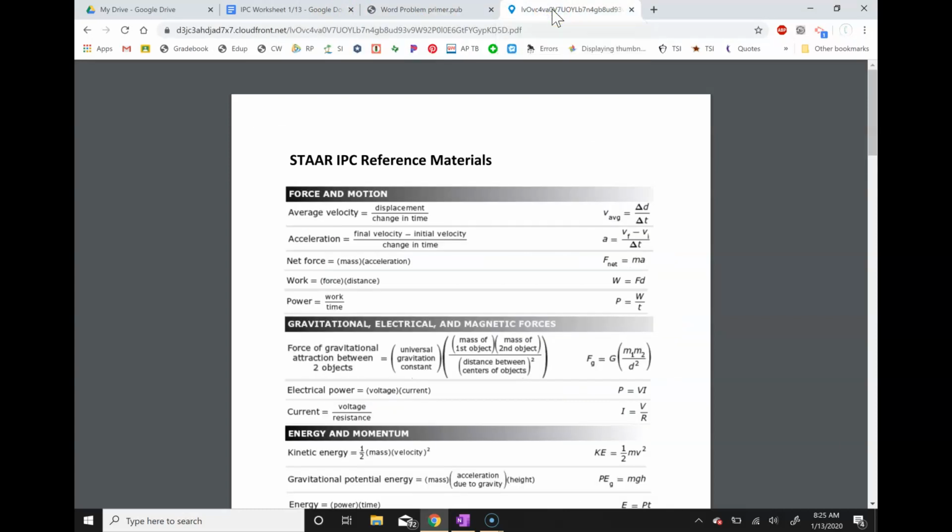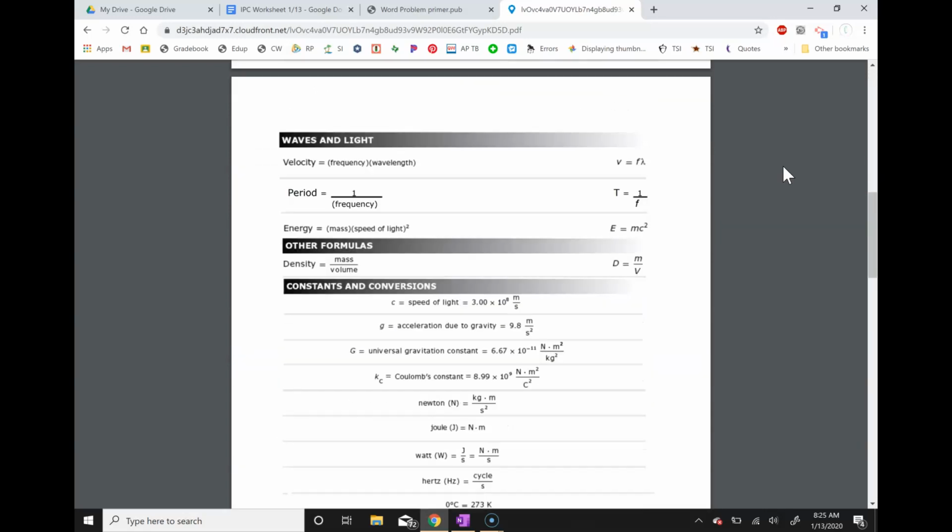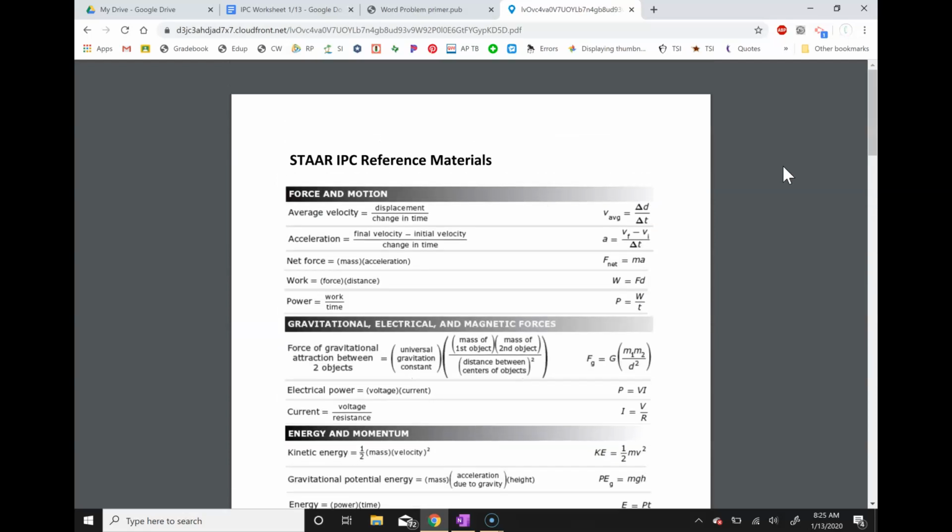For this one, the IPC STAR reference materials, you need to hold on to this for the rest of the semester. I would highly recommend stapling this to the back cover of your composition notebook. I would staple it, not glue it, because there is the back half. So I would staple the top of it and then kind of fold over what is left over, or cut the sides to make it fit.